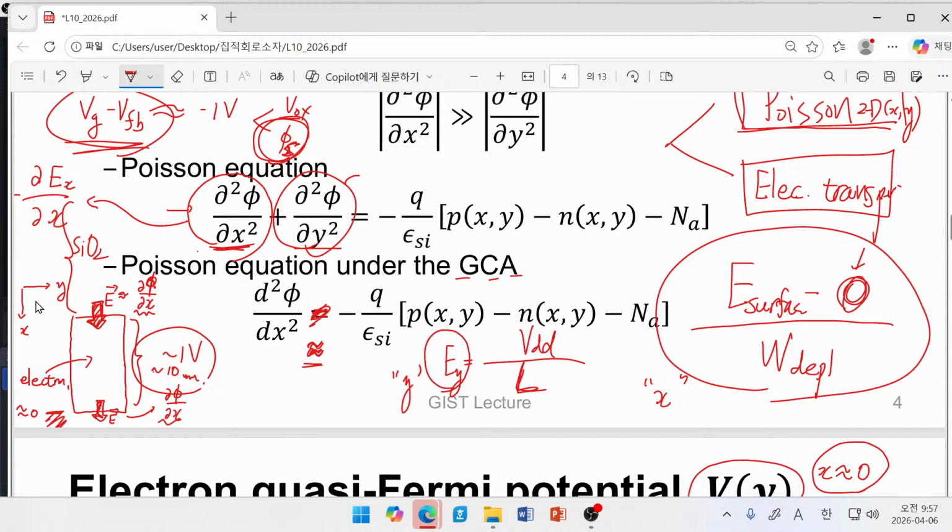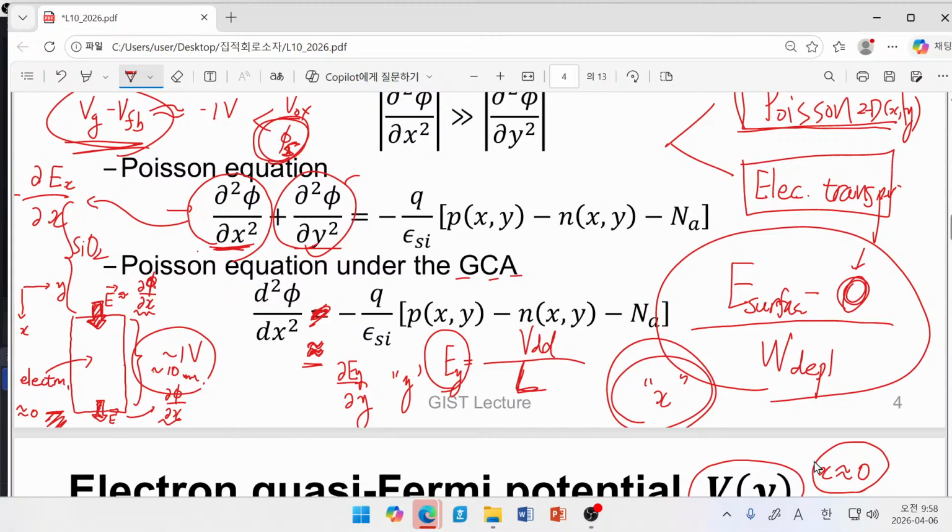Since its value is not that high, if we take its gradient, it would also be negligible compared to that of our x-directional variation. So I'm spending quite a long time, almost 10 minutes, to justify this gradual channel approximation, but it is known that this is really true for almost all operational regimes.